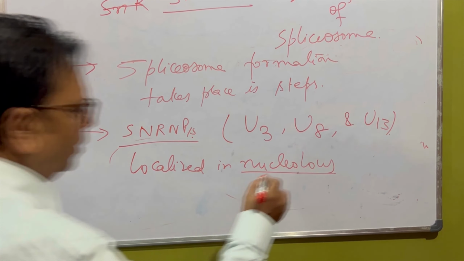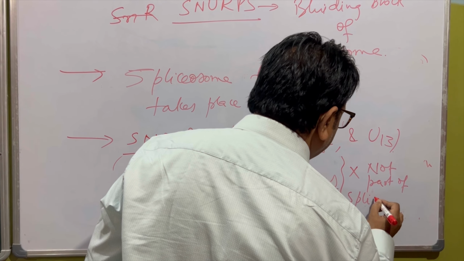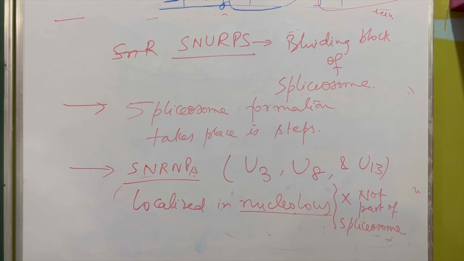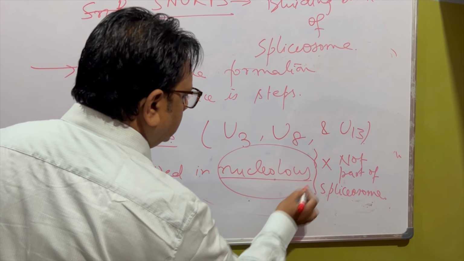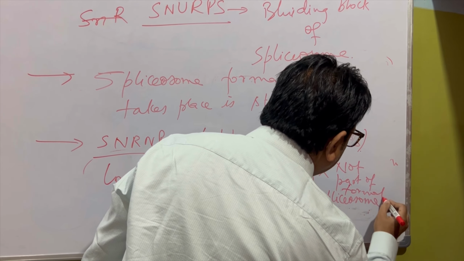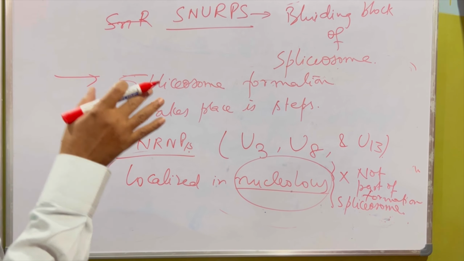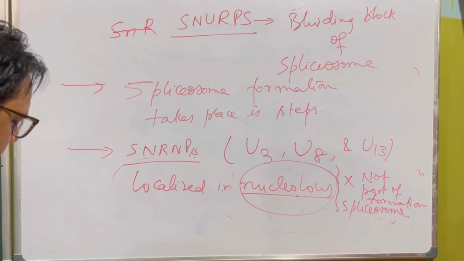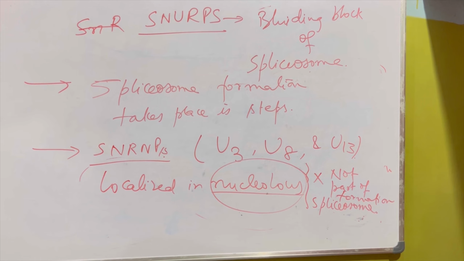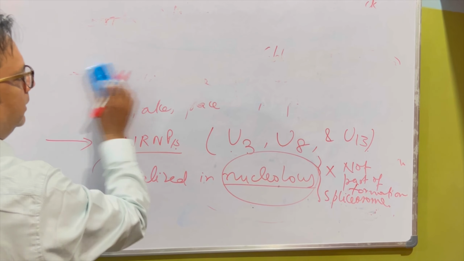And these do not take part in the formation of the spliceosome, but they are present. These snRNPs are present in the nucleolus, but they do not take part in formation of the spliceosome. Only the five I have designated already, U1, U2, U4, U5 and U6, are involved in the formation of a spliceosome.